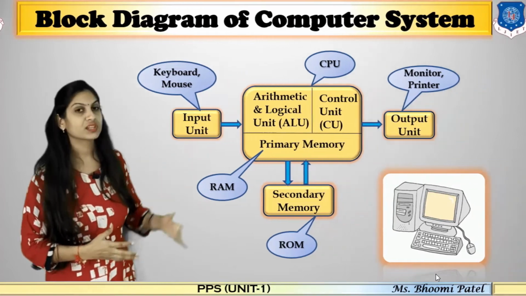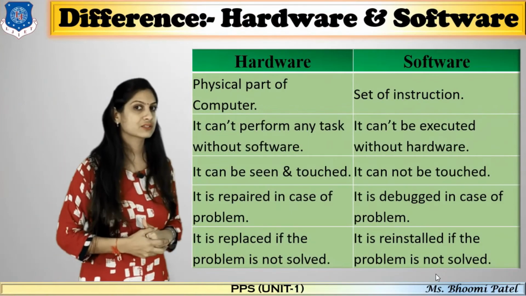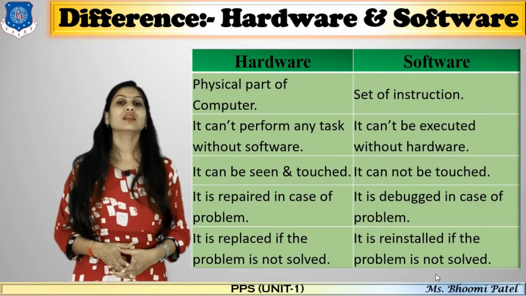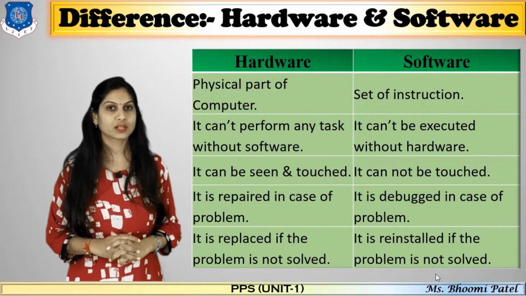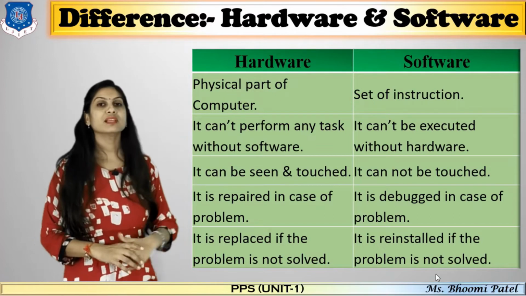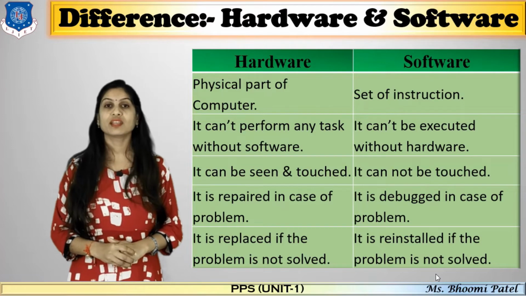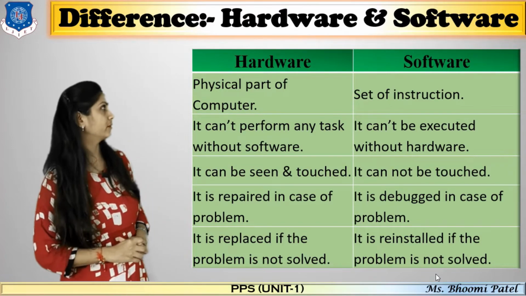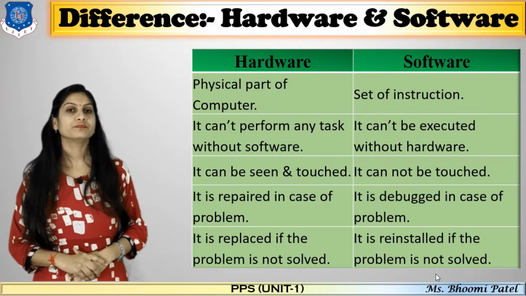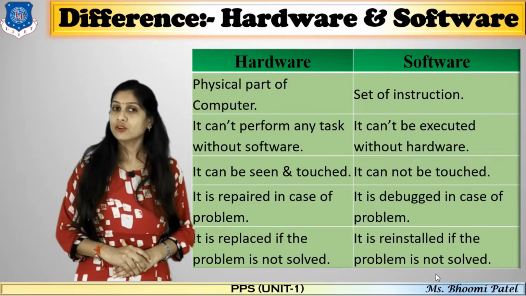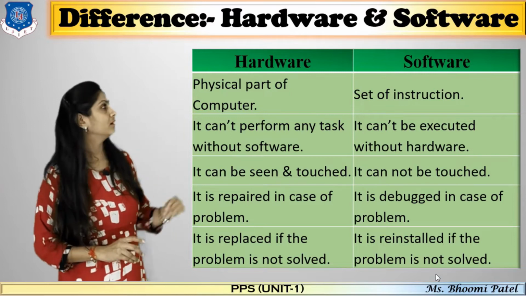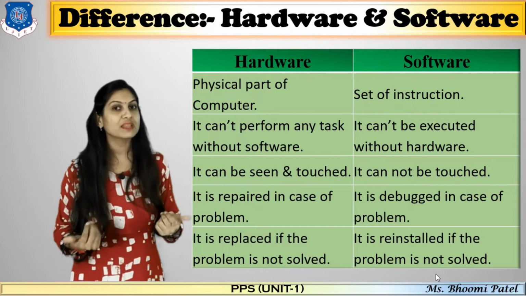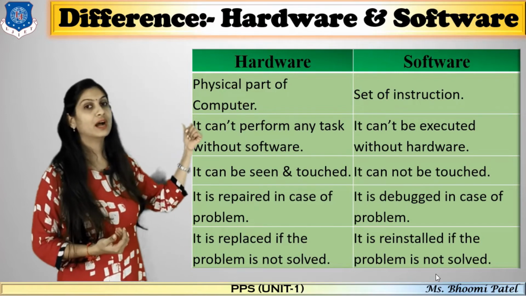So let's move to the difference between hardware and software. According to it, hardware is nothing but the physical part of the computer, but software means a set of instructions, or we can say the program, that is known as software. The second difference is that hardware cannot perform any task without software, and software cannot be executed without hardware.